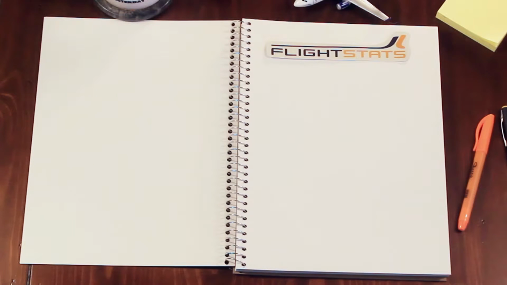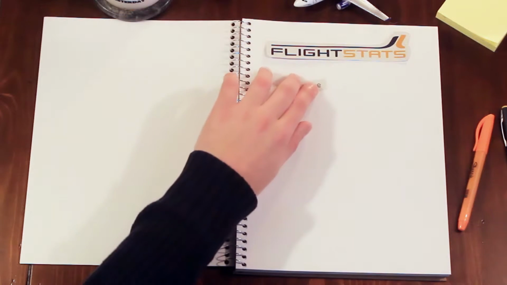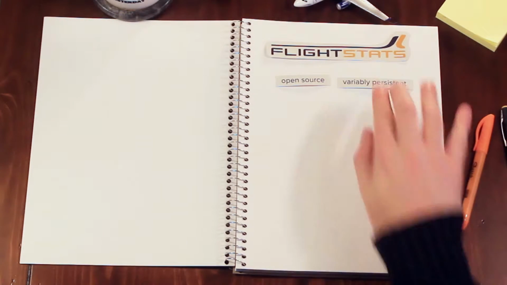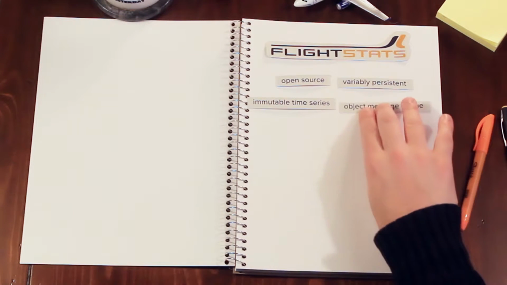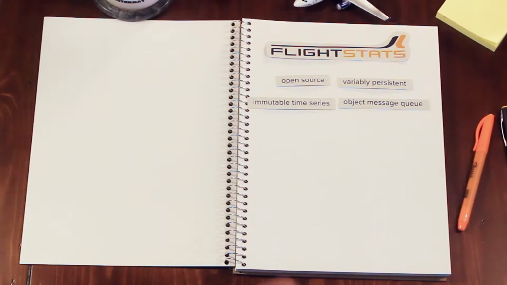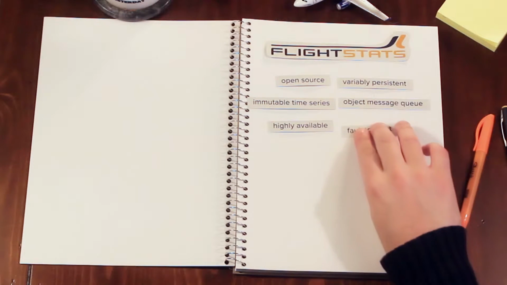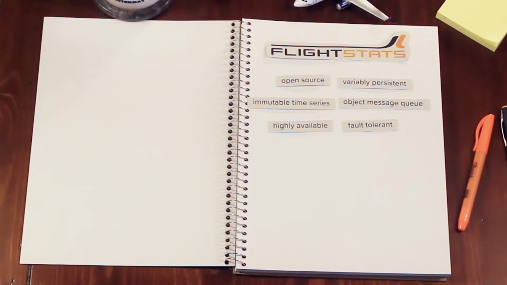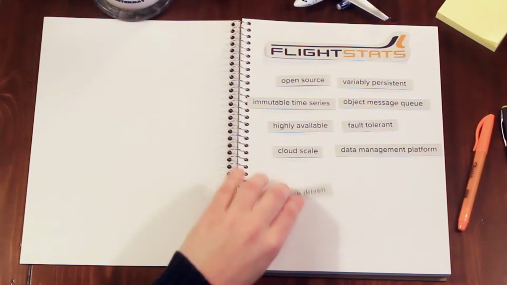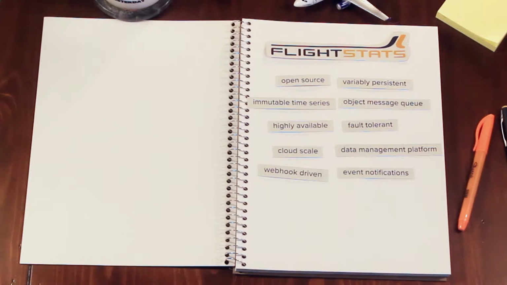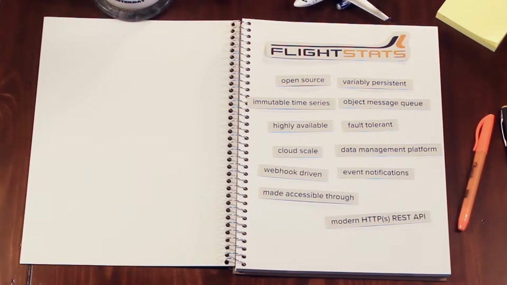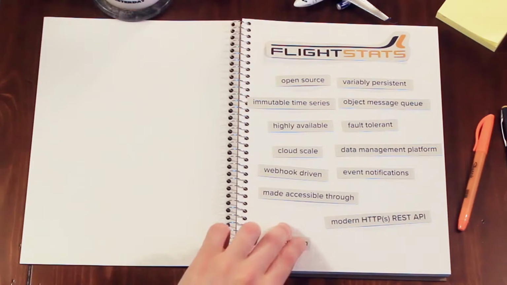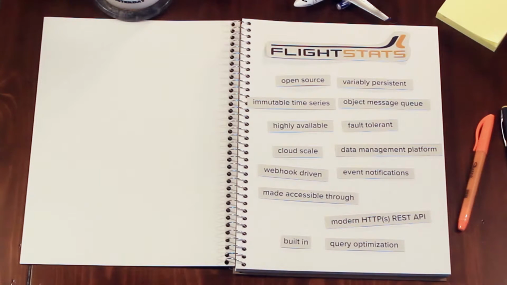So, what does this Hub widget do? It could be said that the Hub is an open source, variably persistent, immutable time series object message queue and highly available fault-tolerant cloud-scale data management platform with webhook-driven event notifications made accessible through a modern HTTP REST API with built-in query optimization.